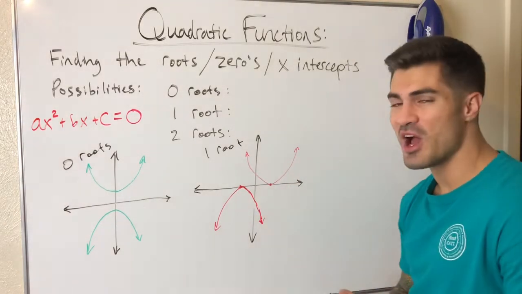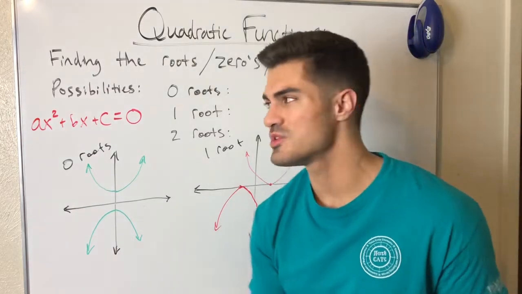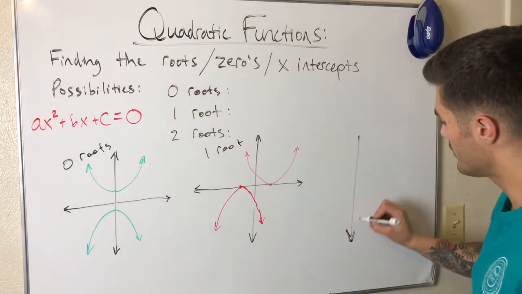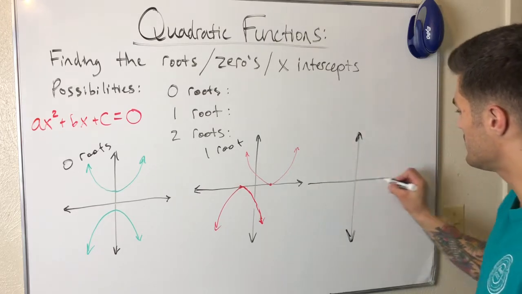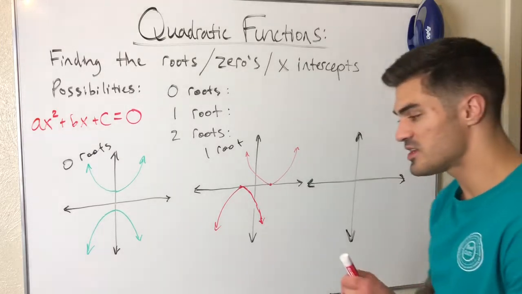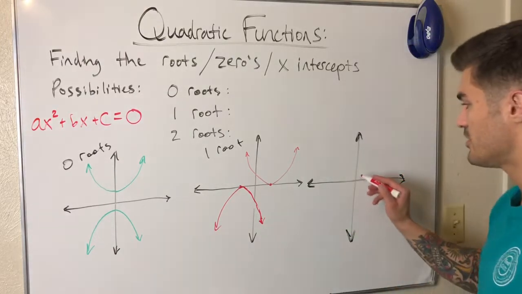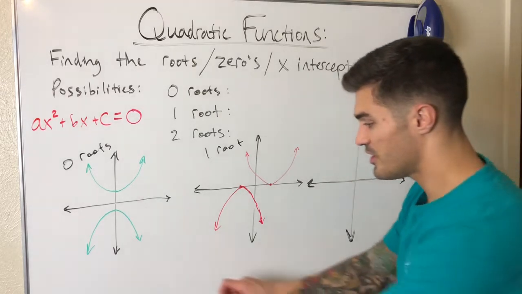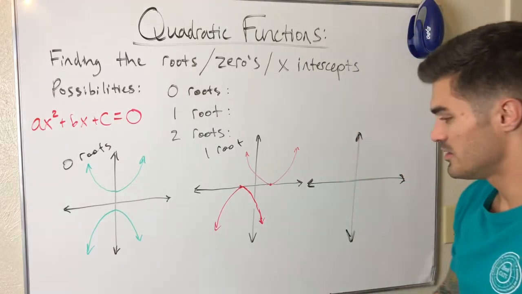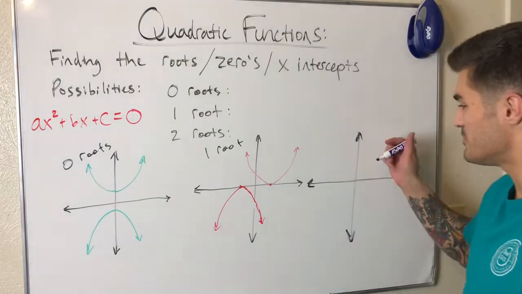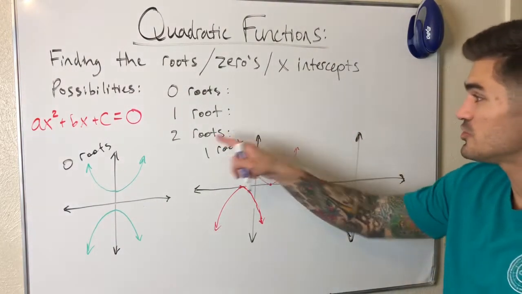So the third case is by far the most common, when we have 2 roots. And you probably already know what that's going to look like. If not, I will quickly sketch it. So, same idea, we have our x and y axis. And in this case, what's going to happen? If our vertex is above the x-axis, I'll use a different color since we're color coding this, what has to be true for us to have 2 roots?